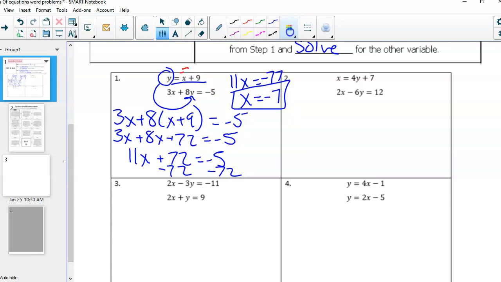So if I put negative 7 in here, what is y? 2. So really, each of these has an x equals and a y equals because your answer is really an ordered pair. That is really your answer. Negative 7, 2.